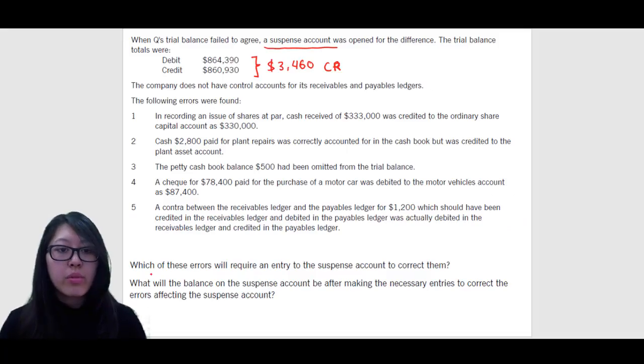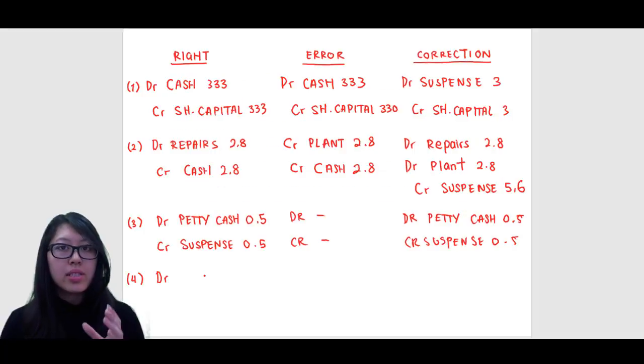Now number 4, let's check number 4. A check for $78,400 paid for the purchase of a motor car was debited to the motor vehicles account as $87,400. Can you see that the numbers have been switched? 78,400 is the real amount, but 87,400 was the amount that they put in. This is an error of transposition. In scenario 4, it was a purchase of a motor car paid by check.